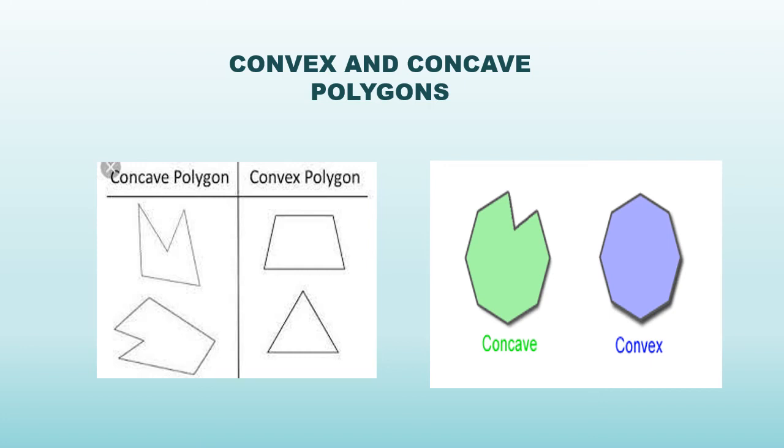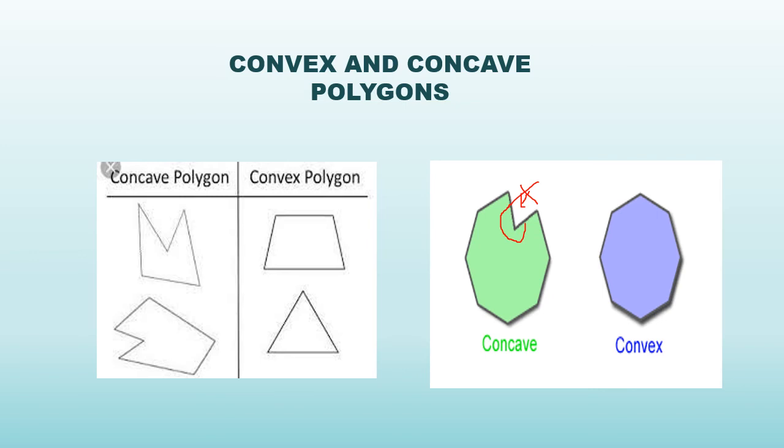But here be careful that this inner angle is greater than 180, not the outer one, not this one. Only one inner angle is greater than 180, hence it is concave.